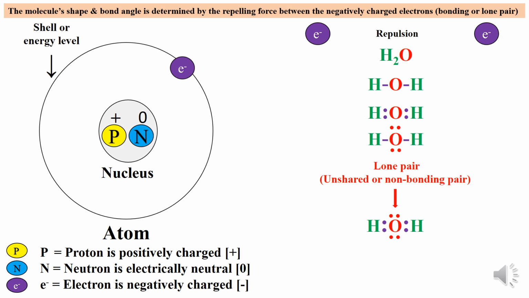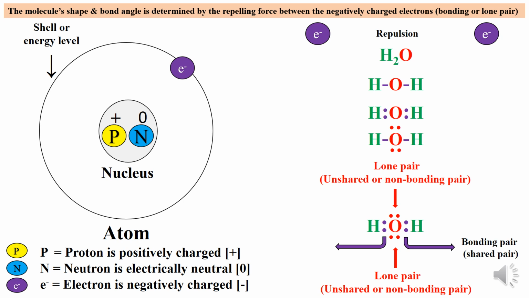Now oxygen atom has two lone pairs of electrons, and these lone pairs of electrons are also called unshared pair, as they are not shared with other atoms, and they're also called non-bonding pair of electrons because they do not participate in any chemical bonding process.